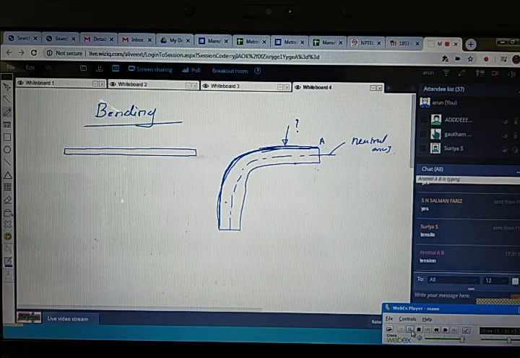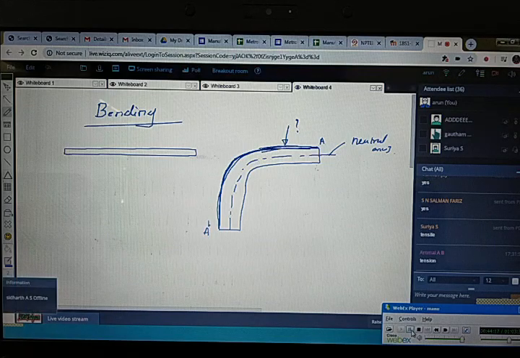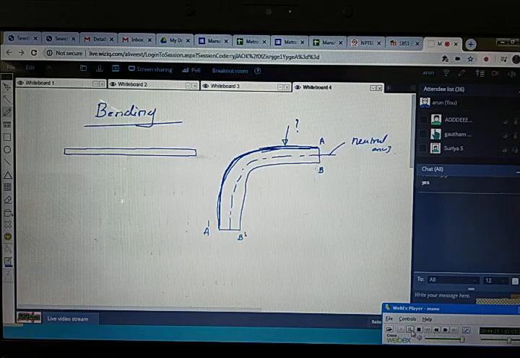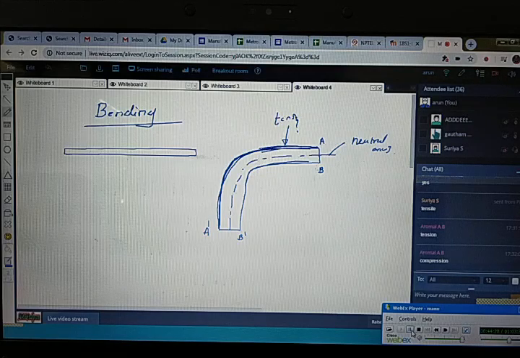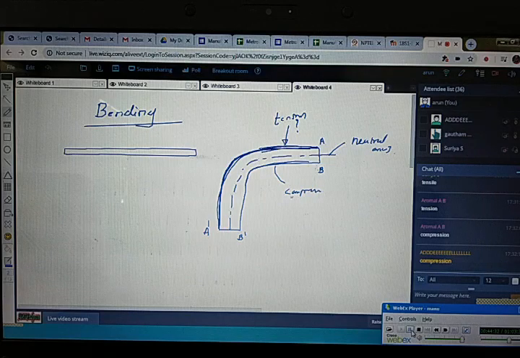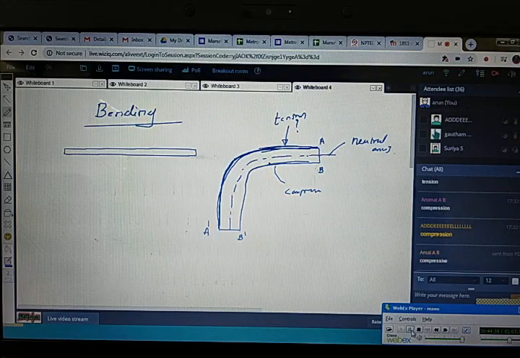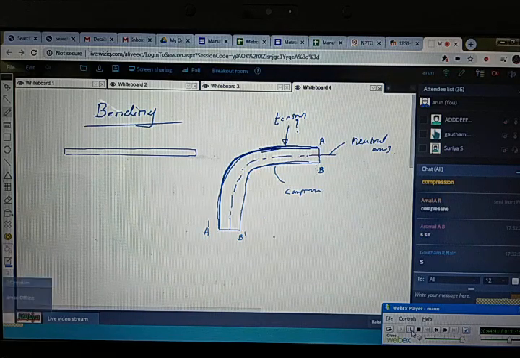You can see that AA dash is increased a lot, isn't it? And then what about BB dash? That is having compression, that is, a reduction in length. So here, this is the tension area and this is the compressive area. That is what happens in the case of bending. Is it clear to all? And no deformation takes place in the neutral axis.